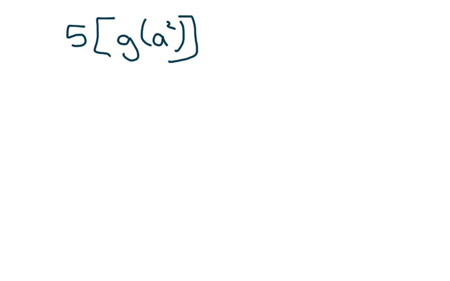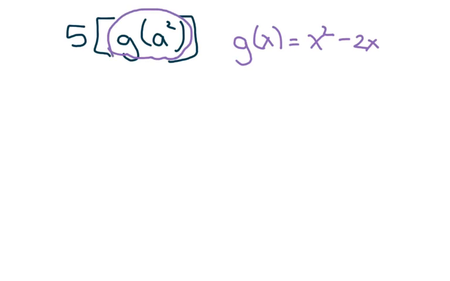Here's another one. Let me write down my g of x, which is x squared minus 2x. And what I'm going to do, I'm going to evaluate this inner part. This is called the inner part. And then I'm going to multiply my inner part, the value I get, by 5. So whatever answer I get, I'm going to multiply by 5.